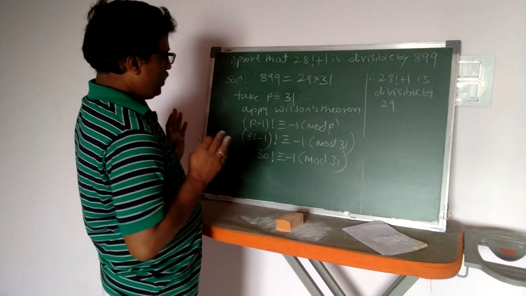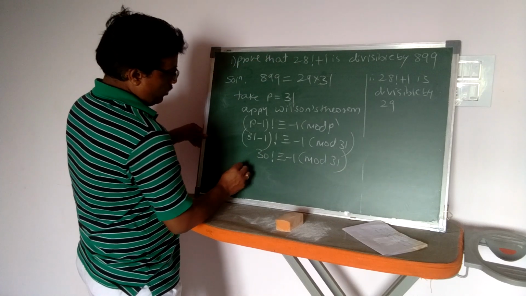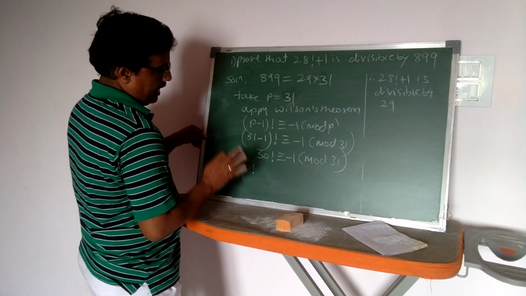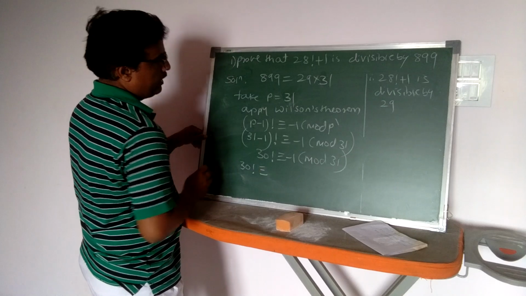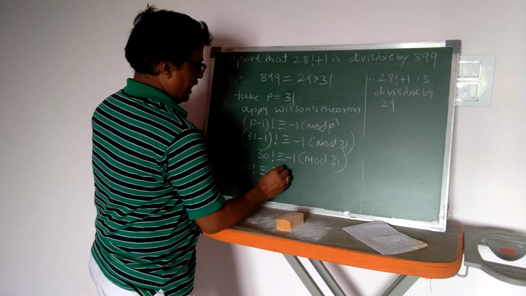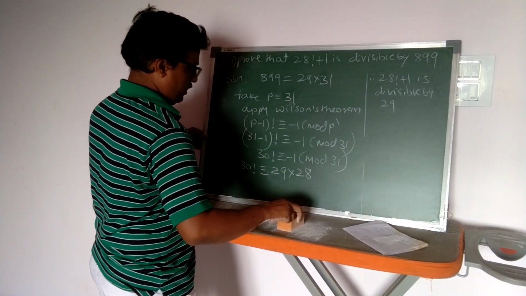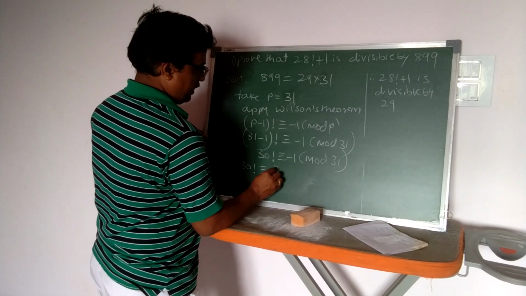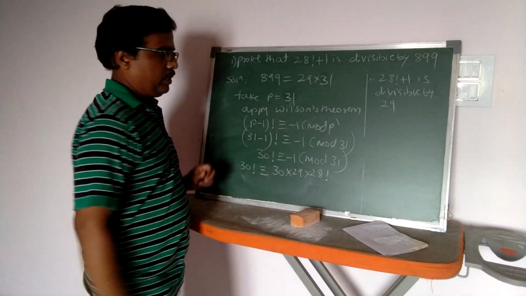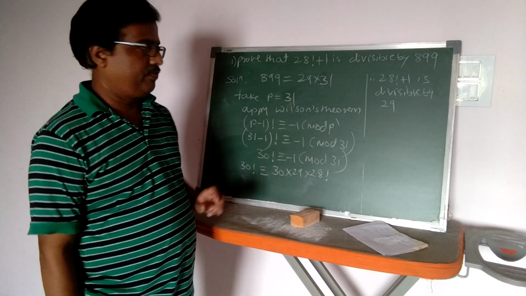So now see, we have here 28 factorial and we have here 30 factorial. So now 30 factorial can be written as 30 into 29 into 28 factorial.